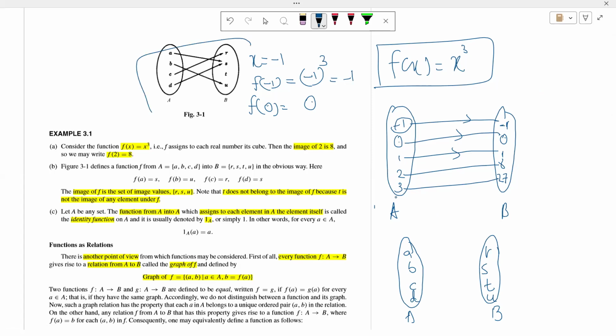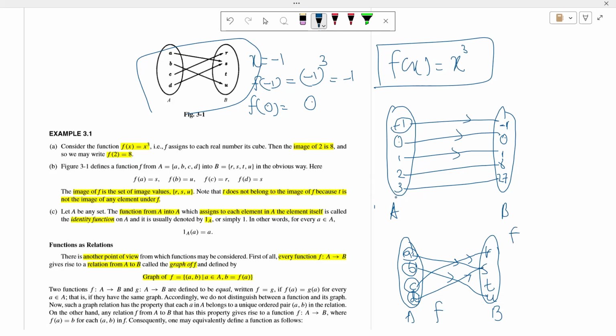Just look at this diagram: A with S, B with U, C with R, D with S. If you have a function like this, then A is a domain element, B is a domain element, C is a domain element, D is a domain element. Now this is a function. F is a function.